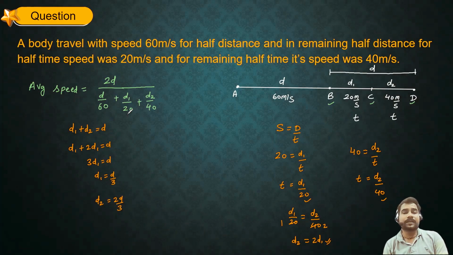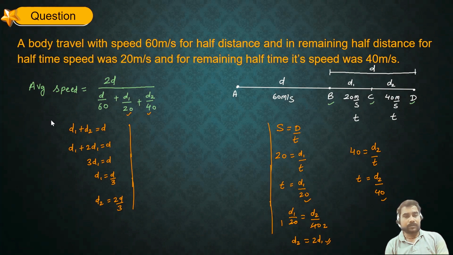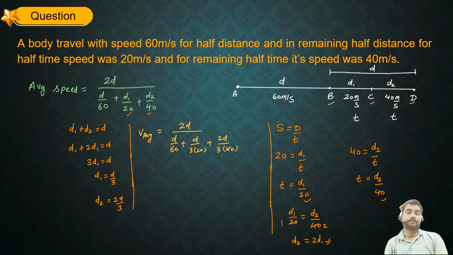So I am replacing the values of D1 and D2 here. Now my average speed is going to be 2D upon D upon 60 plus D1, which is D by 3, and 20 is already there, plus D2, which is 2D by 3, and 40 is already there. So by this 2, I can cancel this 40 with 20 times.